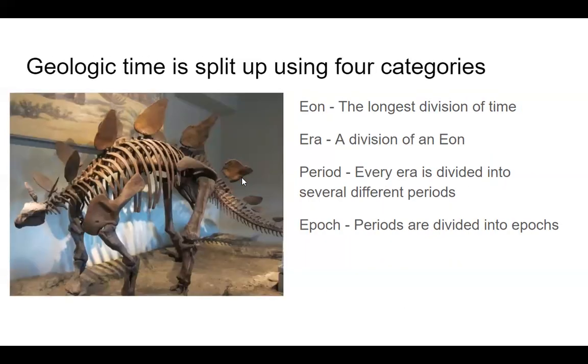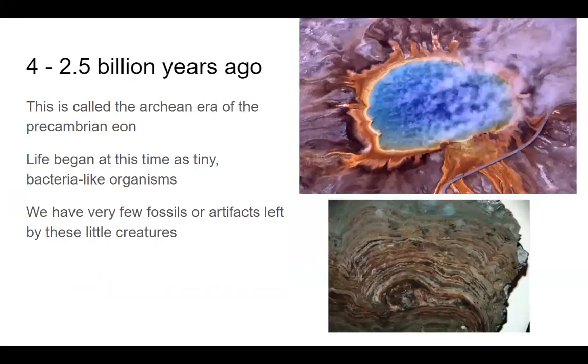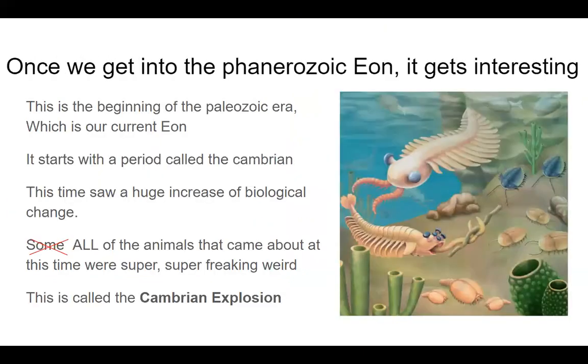Okay, so that's where we're going to end it today. Eons, eras, periods, and epochs. We're going to talk about each of them specifically next time. We'll talk about the Precambrian eon, the Hadean era, the Archean era, the Proterozoic era.